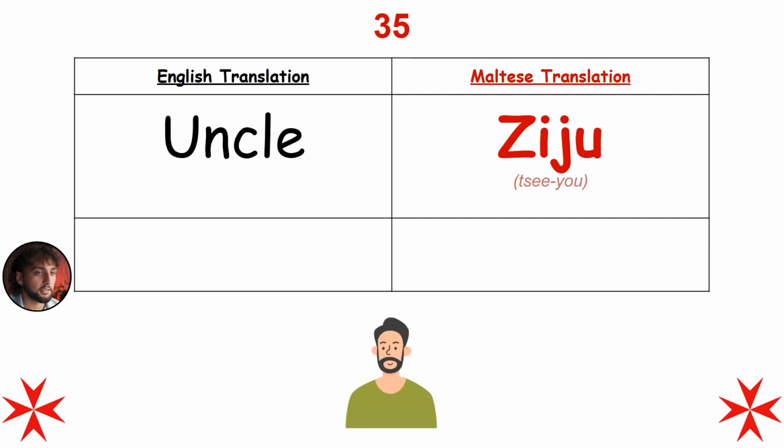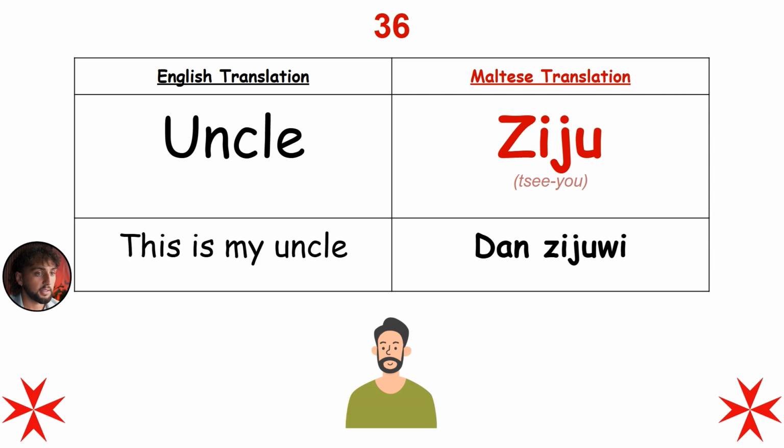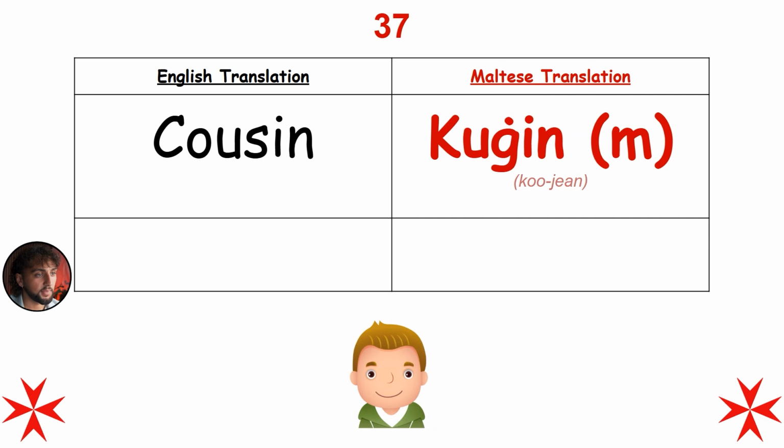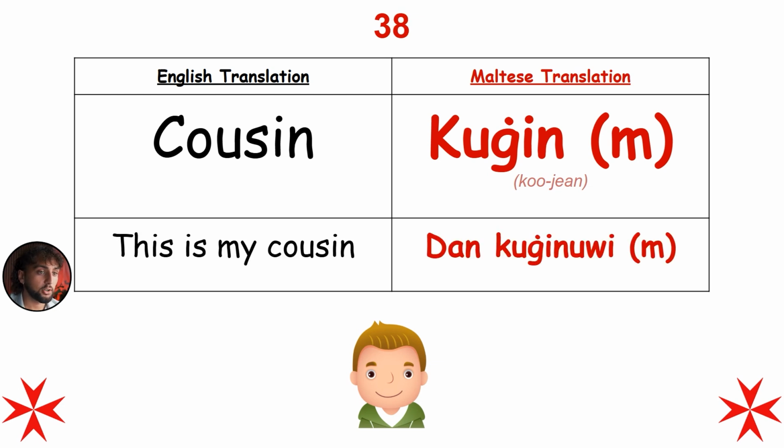Okay, on to the next one. Ziju. Uncle. Dan ziji. This is my uncle. Cugin. Cousin, specifically a male cousin. Dan cuginui.